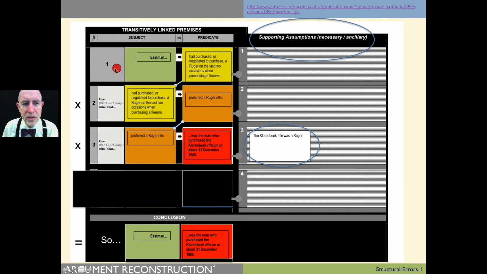So now in this example, we've gone through how to reconstruct an argument into the logic bridge so that the premises are arrayed in a fashion that the logic is clear.